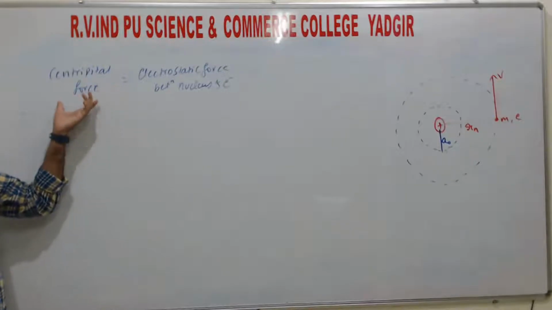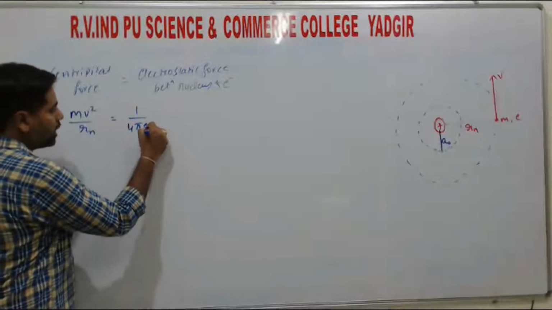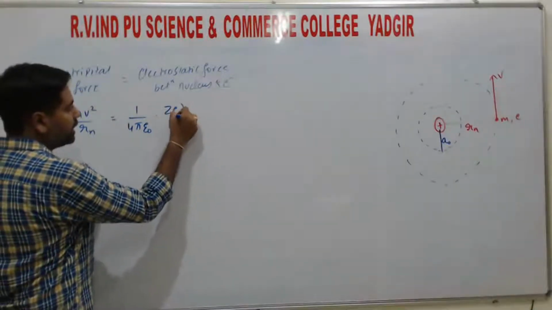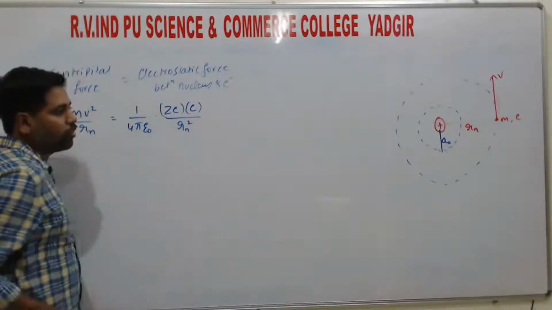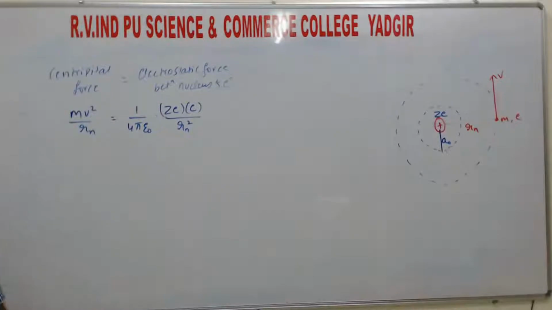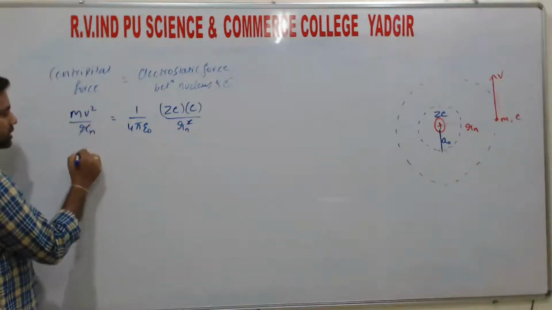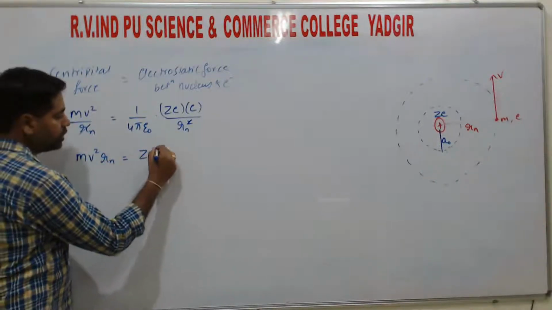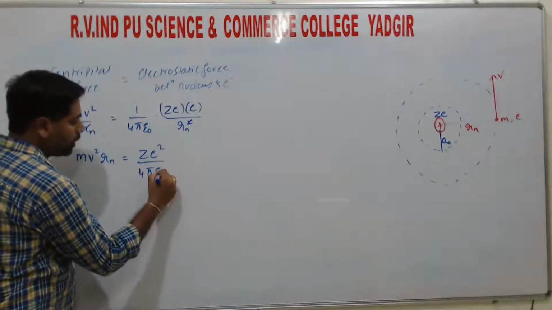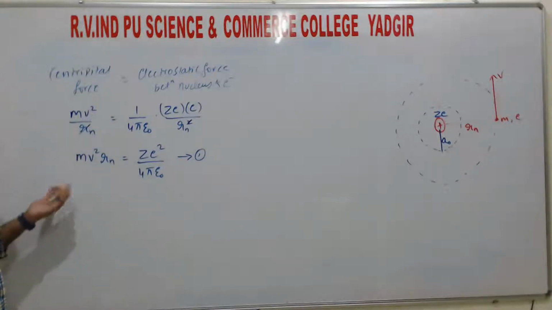The centripetal force exerted on the electron is equal to 1 divided by 4 pi epsilon naught into Ze into e divided by Rn square, where Z is the atomic number. So here Rn gets cancelled, then m v square Rn is equal to Z e square divided by 4 pi epsilon naught, similarly as we derived in the last class, right? So this is from the first Bohr's postulate.